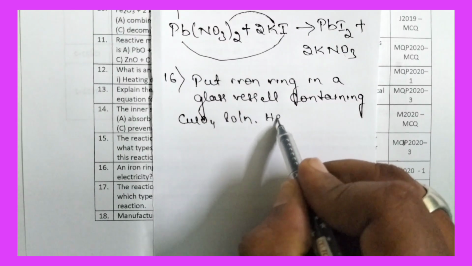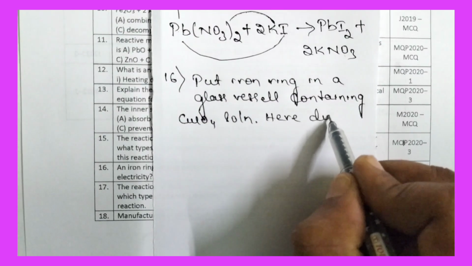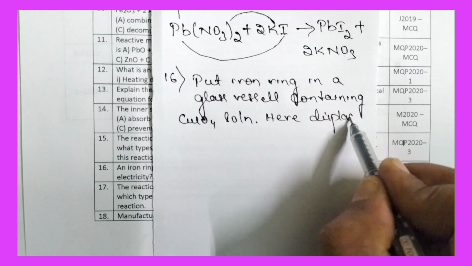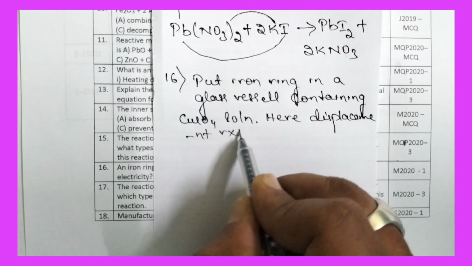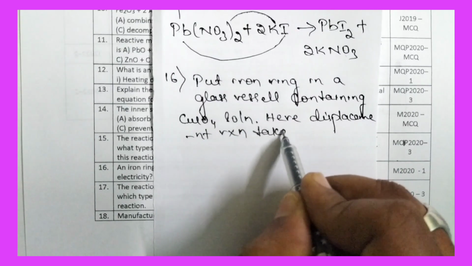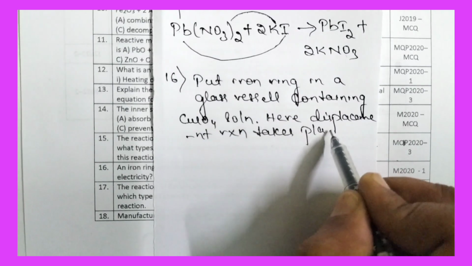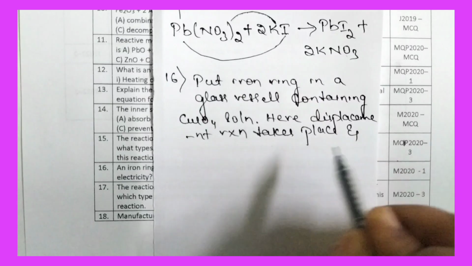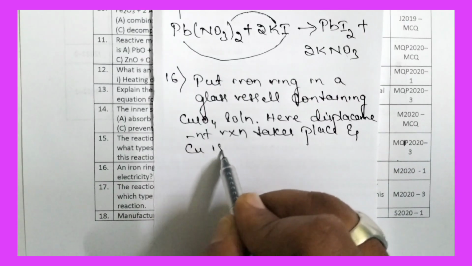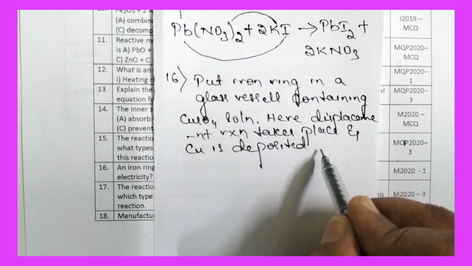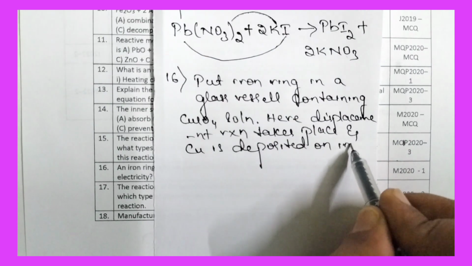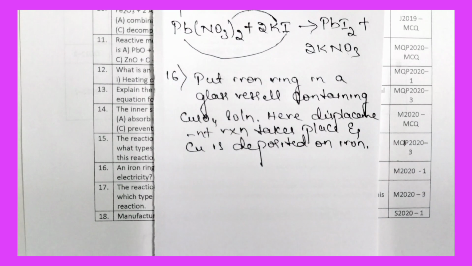Here displacement reaction takes place and copper is deposited on iron. ಸೊ ಇದನ್ನು ನಾನು ನಿಮಗೆ ಬ್ರೀಫಾಗಿ ಎಕ್ಸ್ಪ್ಲೈನ್ ಮಾಡಿದೆ ಅಷ್ಟೇ.